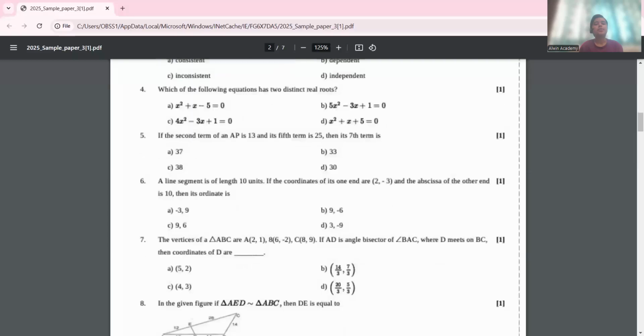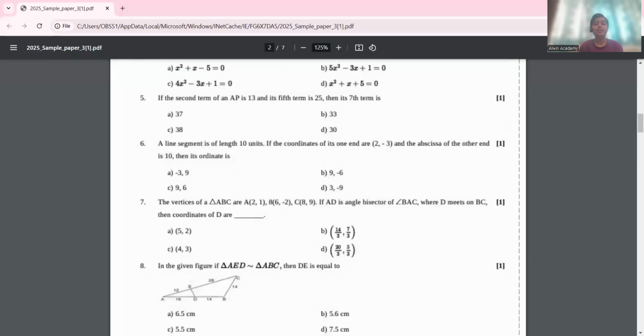If the second term of an AP is 13 and its fifth term is 25, then its seventh term is? So the second term means a plus 1d, or d. The fifth term means a plus 4d. And we have to find the seventh term. Now a plus d is 13 and a plus 4d is 25.